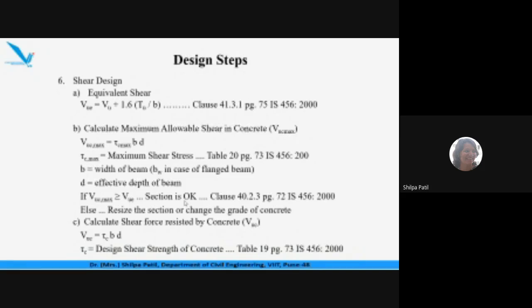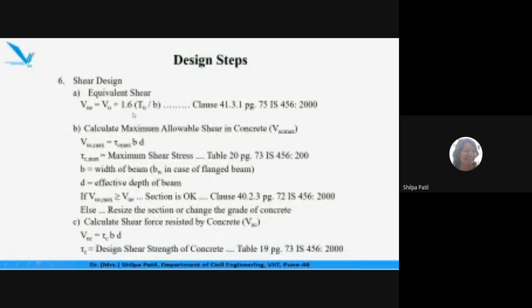In the design for shear, the Vu value we calculated earlier, that is the maximum shear force acting on a beam, is now calculated in addition with the effect of torsion. So that Vu is already with us, plus this 1.6 Tu upon B, this factor we need to add to find out the equivalent shear force.